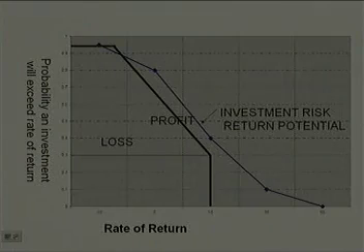The curve is basically known as investment risk return potential. Now we will have to draw another few lines which will represent the aspiration level of the investor. Are you clear how I have drawn the investment risk return potential?